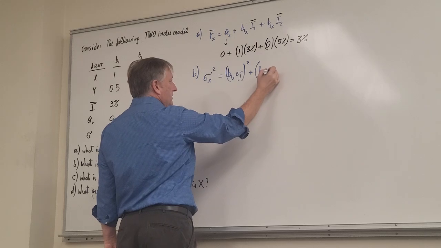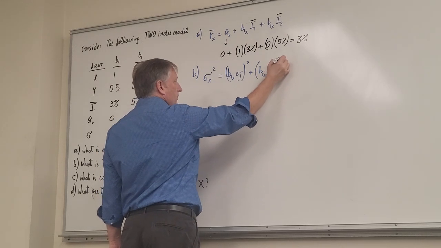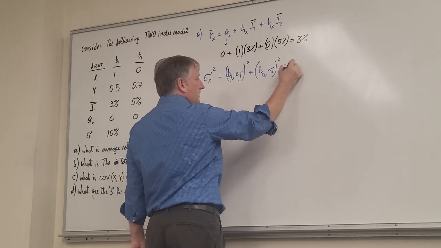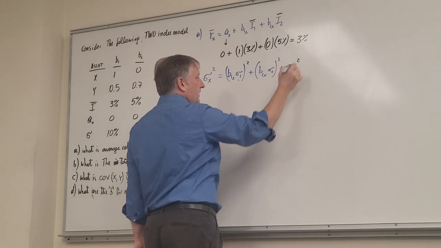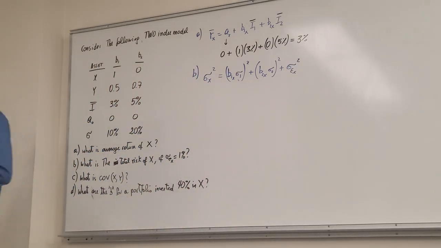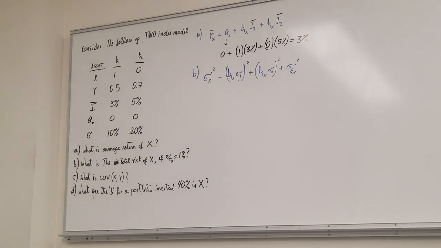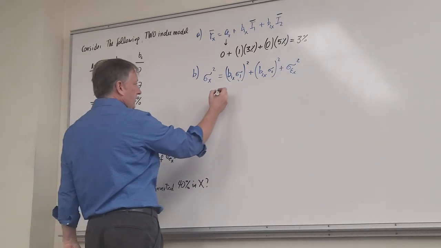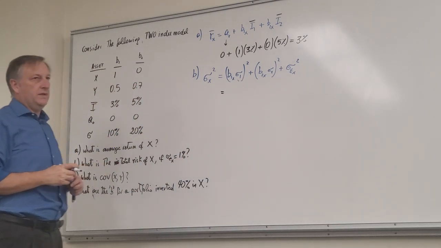Beta 2 of X, sigma 2, both squared, plus sigma EX squared. There's only two sources of risk. So now put the numbers in here. When you're doing those calculations, you have to use decimal form.